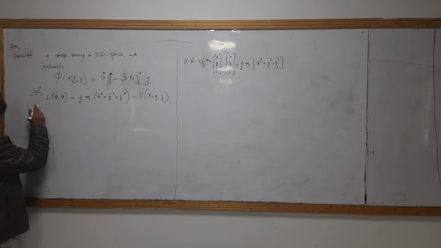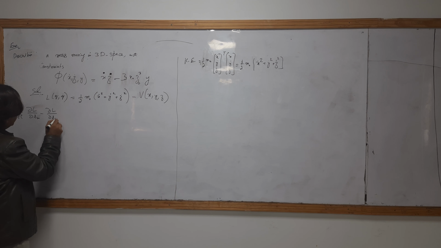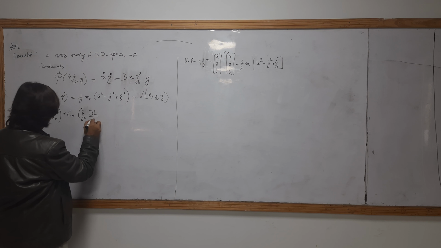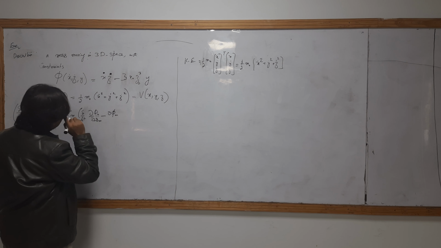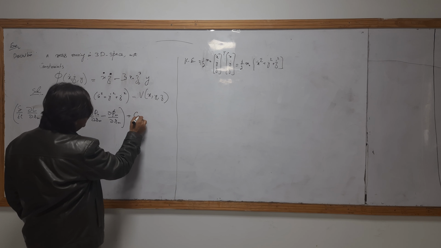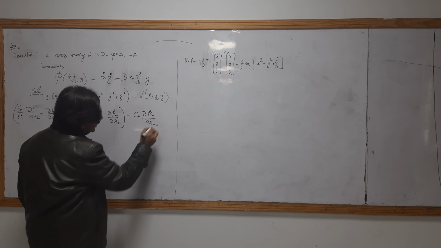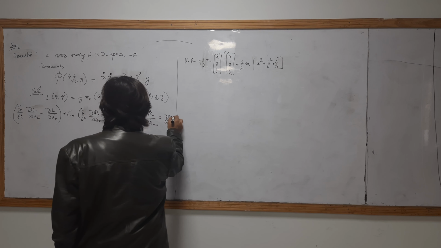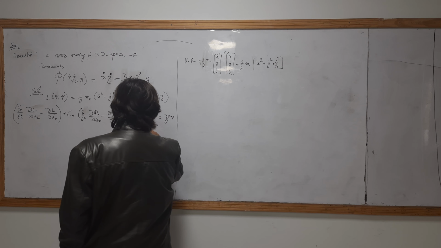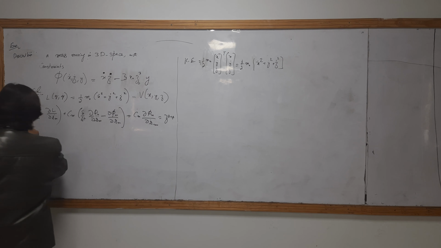As we know, the equation is d/dt of partial L over partial Rm dot, minus partial L over partial Rm, plus Cm dot partial phi m over partial Rm dot, equal to 0.